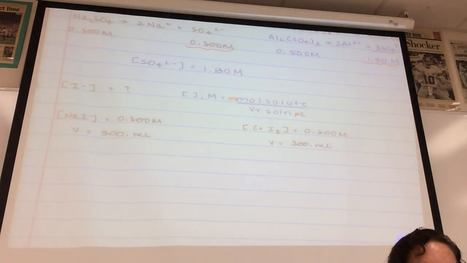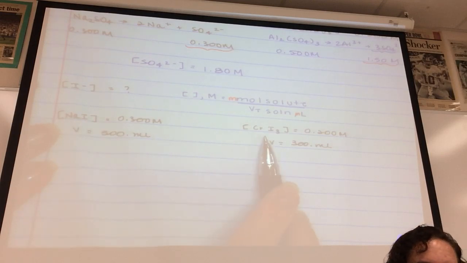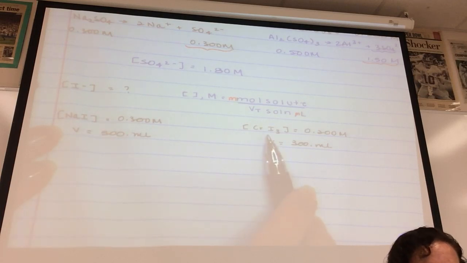So we convert moles to millimoles. Your easiest approach is to get millimoles of each one, to get moles or millimoles of the ion in question, and then to divide by the total volume of solution.